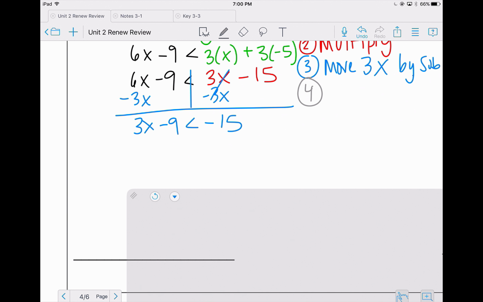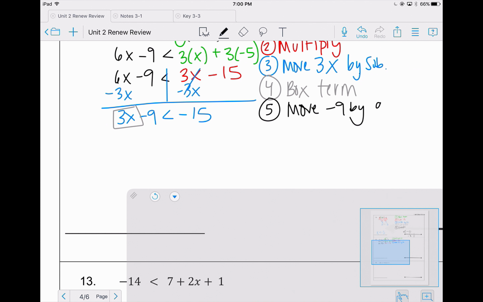My next step is to box my term or my variable. And now I am going to move the -9 by adding because that's the opposite.